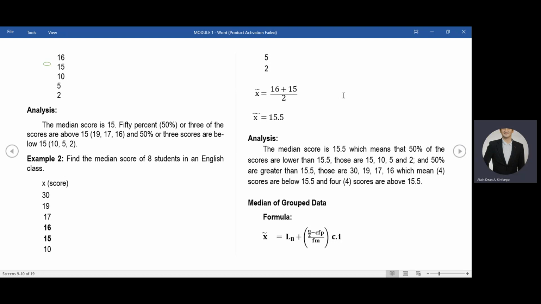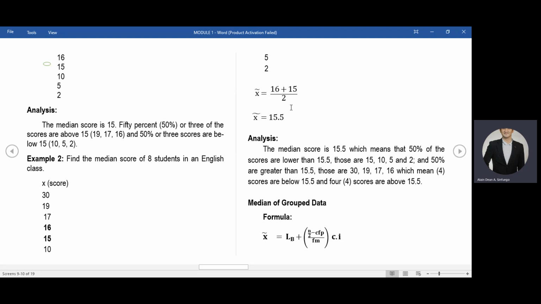Another example, the scores of 8 students in an English class: 13, 19, 17, 16, 15, 10, 5, and 2. Please do take note that there are 8 students, an even number of data values. So it means that you get the value between two data values, and that is 16 and 15.